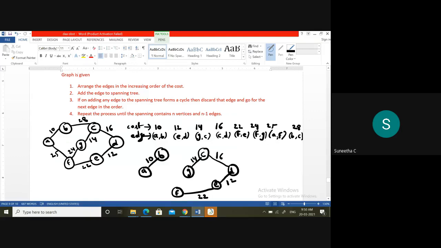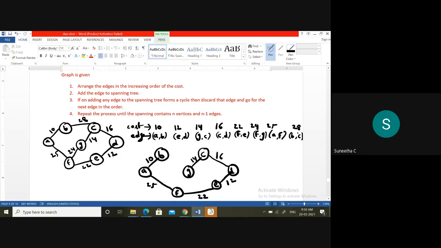Next edge in the order is AF. So next add AF to the spanning tree. Cost is 25. Next edge in the order is BC. If we add BC, again a cycle is formed. So we should not add this edge also.